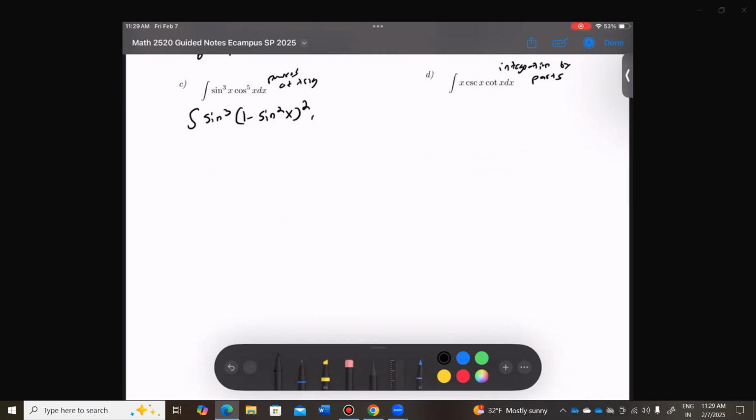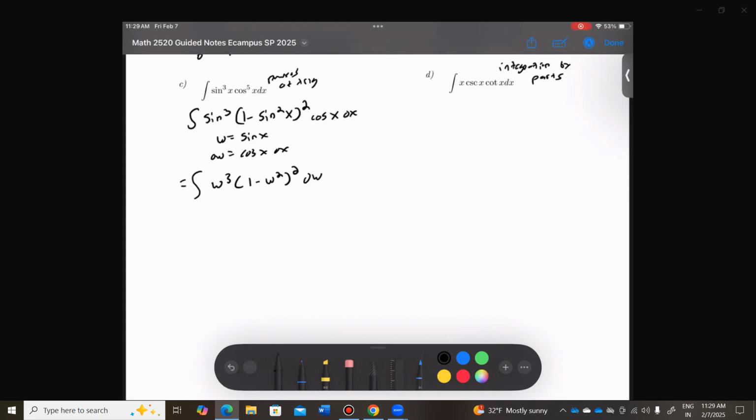And then cosine x dx. Then we're going to let w equal sine x. So dw is cosine x dx. So this integral now becomes w cubed times 1 minus w squared, and then cosine dx is just dw.